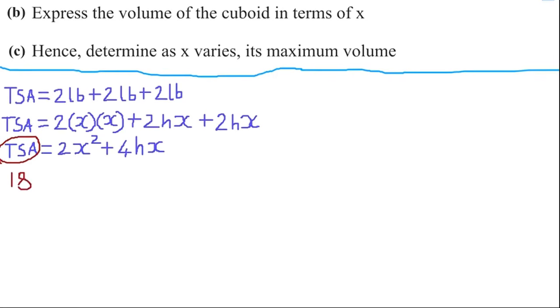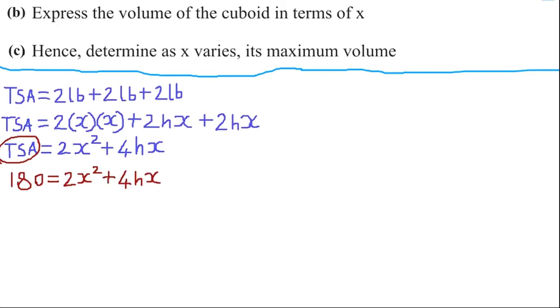So where there is TSA, or total surface area, you are going to substitute with 180, and that will equal 2x squared plus 4hx.